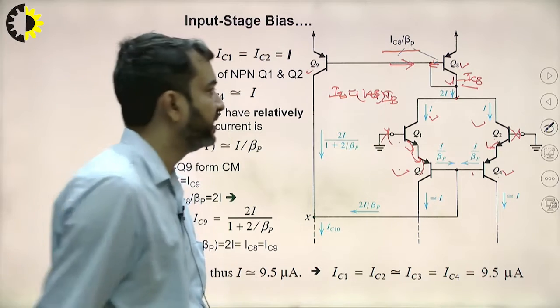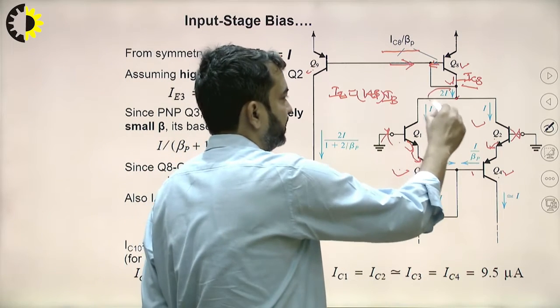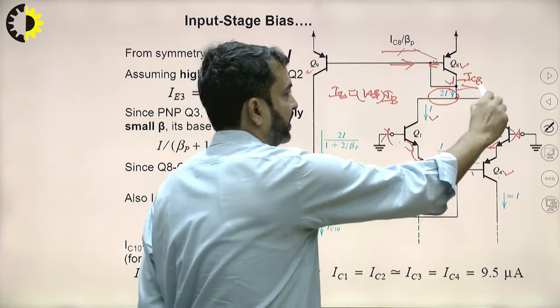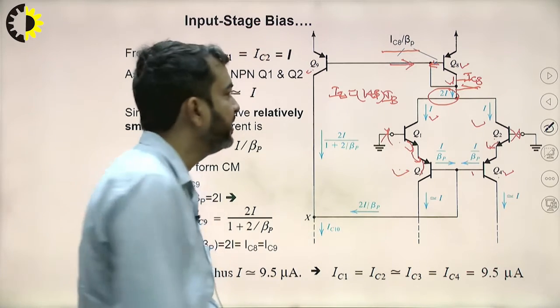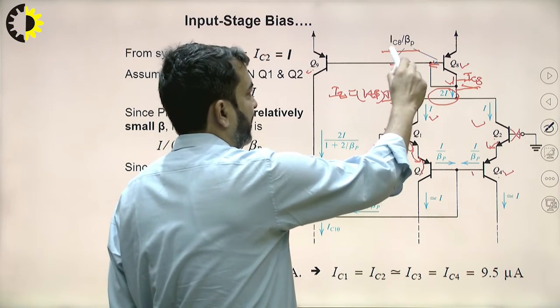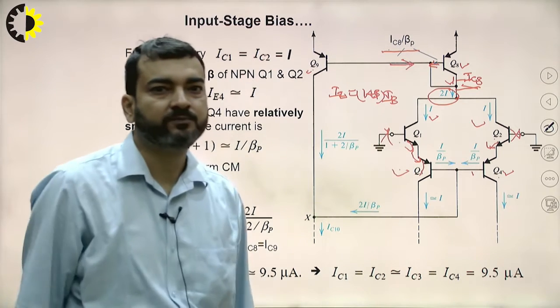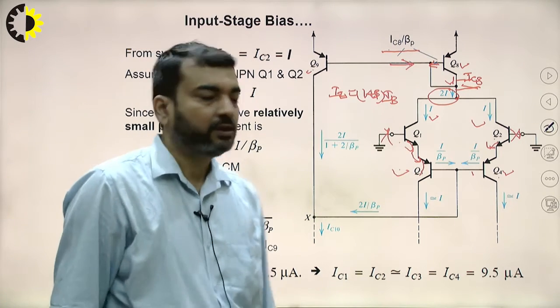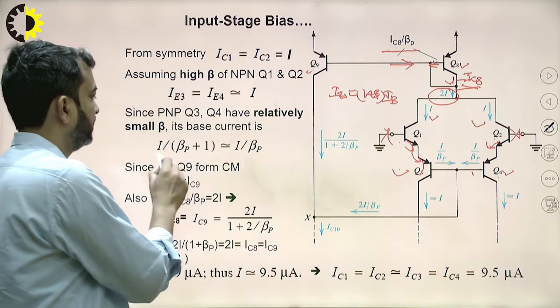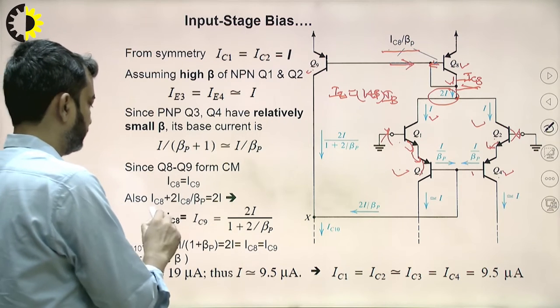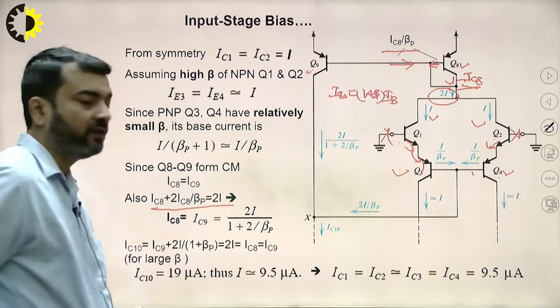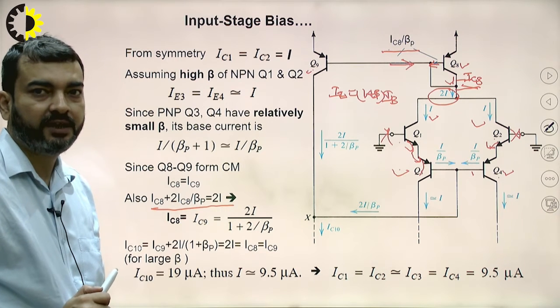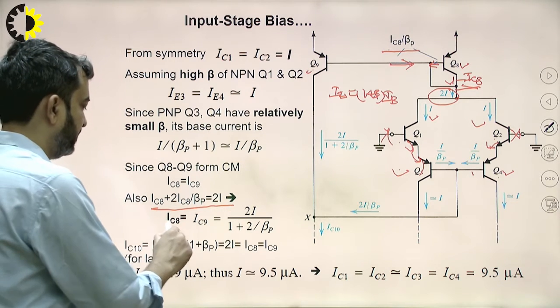So the current 2I is the sum of the collector current of transistor Q8 plus twice IC8 by beta P. With the help of this we can calculate the IC8 current.